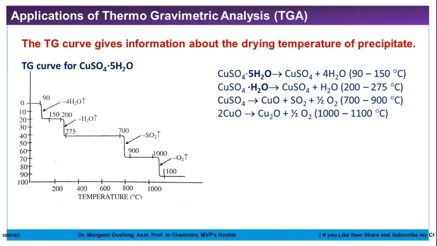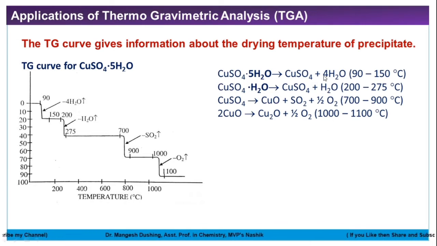So it can be seen from this thermogravimetric curve that anhydrous CuSO4 is formed at 275 degrees and cuprous oxide is formed at 1000 degrees Celsius. So depending upon the requirements, pentahydrous copper sulfate is ignited at the appropriate temperature.